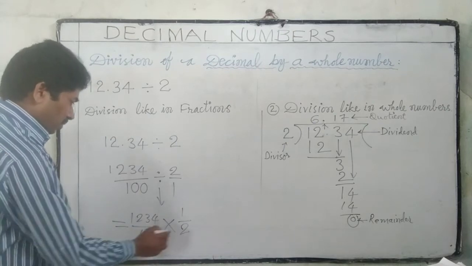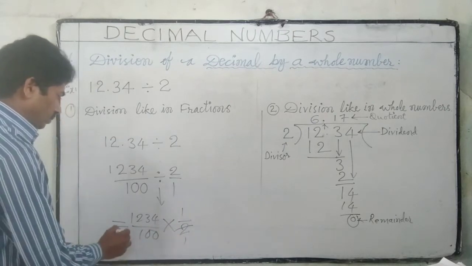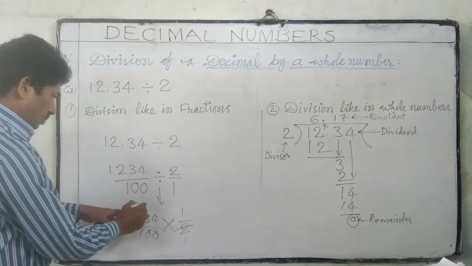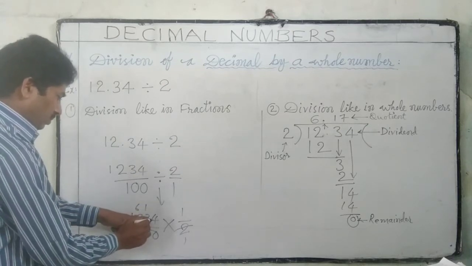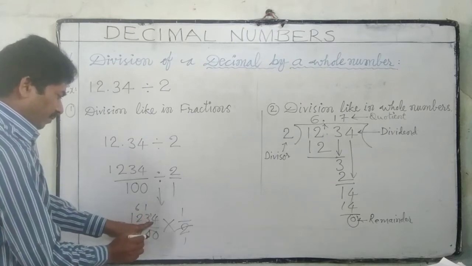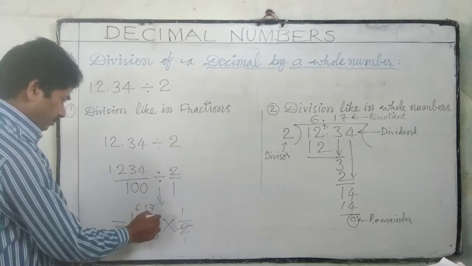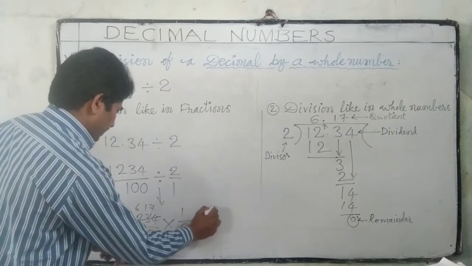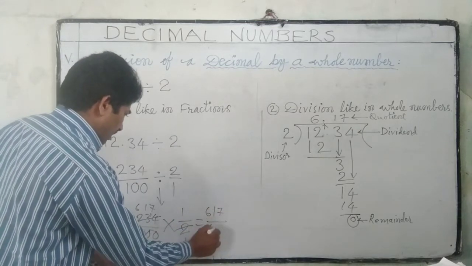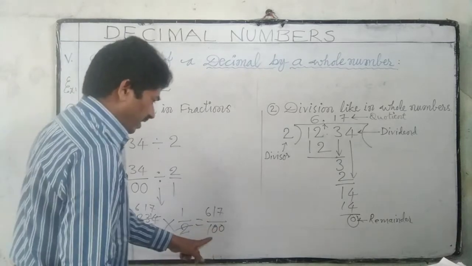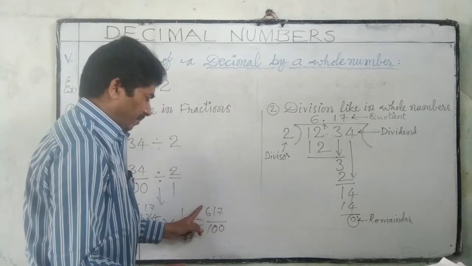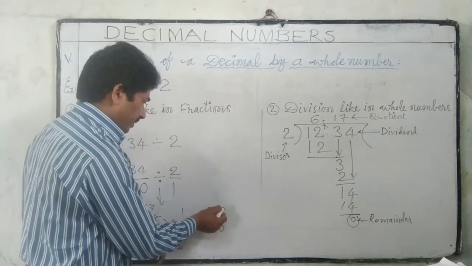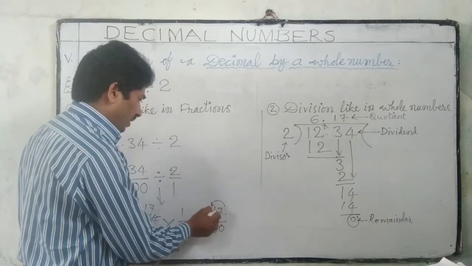Now 2 ones, 2 sixes, 2 ones, 1 balance, 2 sevens. Here we have 617 by 100. To divide a number by 100, shift the decimal to the left by 2 places.